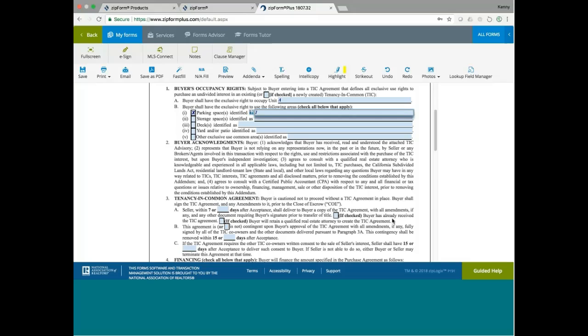Now, sometimes people buy TIC interest without a TIC agreement. So if they don't have a TIC agreement, you would check this box because they need to retain a qualified real estate attorney to create the TIC agreement, right?